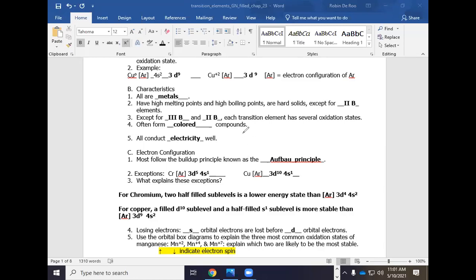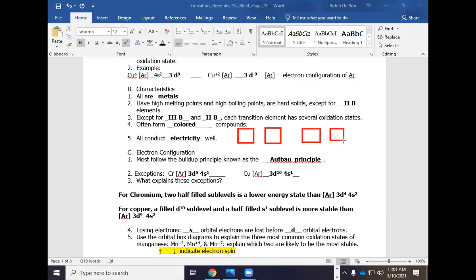Just to give you an idea, you would do a box. I'll just go way back to the beginning. Wait, are there boxes on here? Kind of. Okay, so you do a box. So 1s, 2s, 2p.